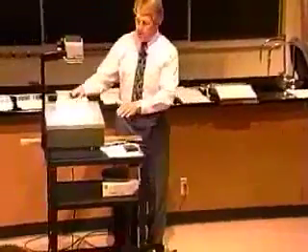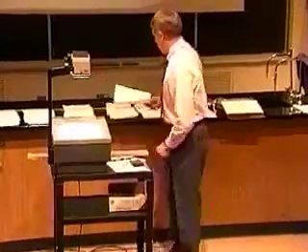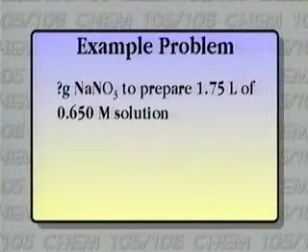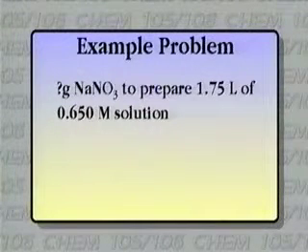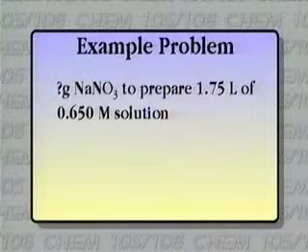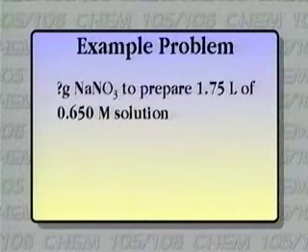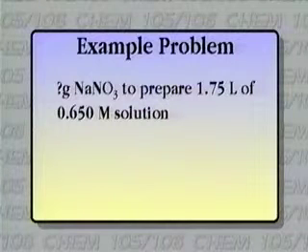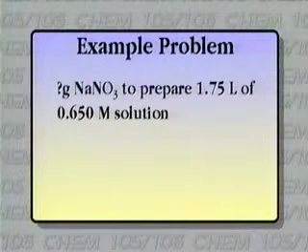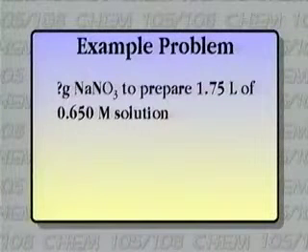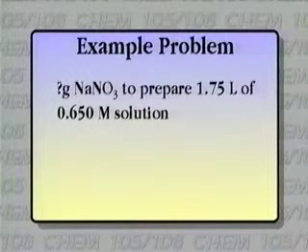All right. Well, let's look at another one just from a little different angle in our question. Let's suppose that we have a volume of solution. The volume that we have is a bottle containing 1.75 liters, and on the label it indicated that it has 0.650 molar solution of sodium nitrate.